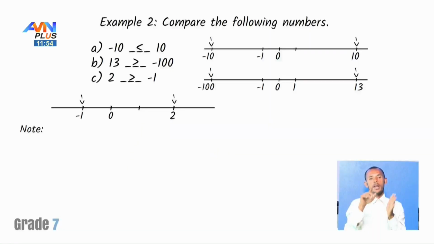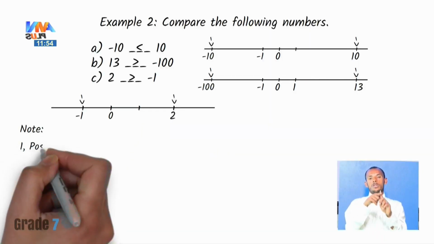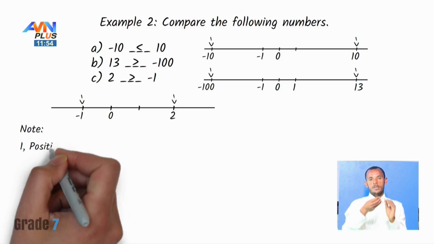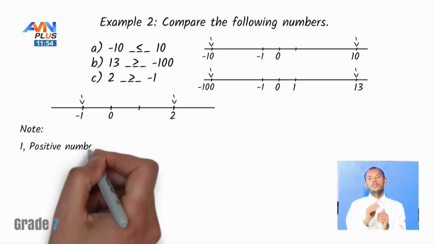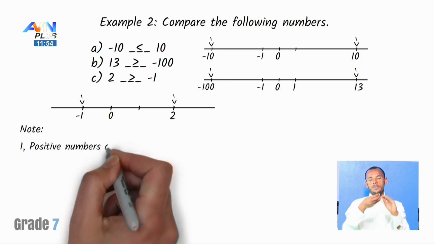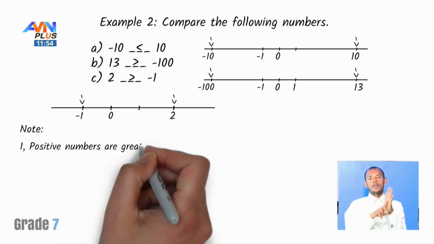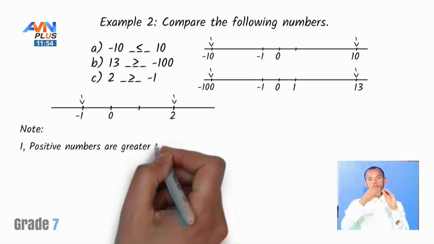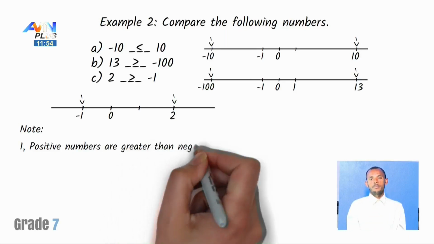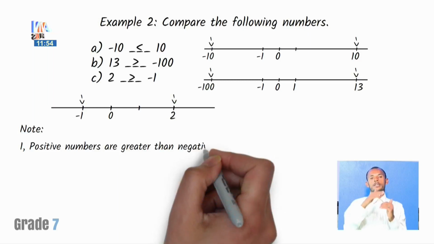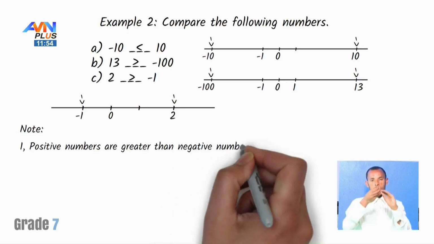So positive numbers are greater than negative numbers. And negative numbers are smaller than positive.